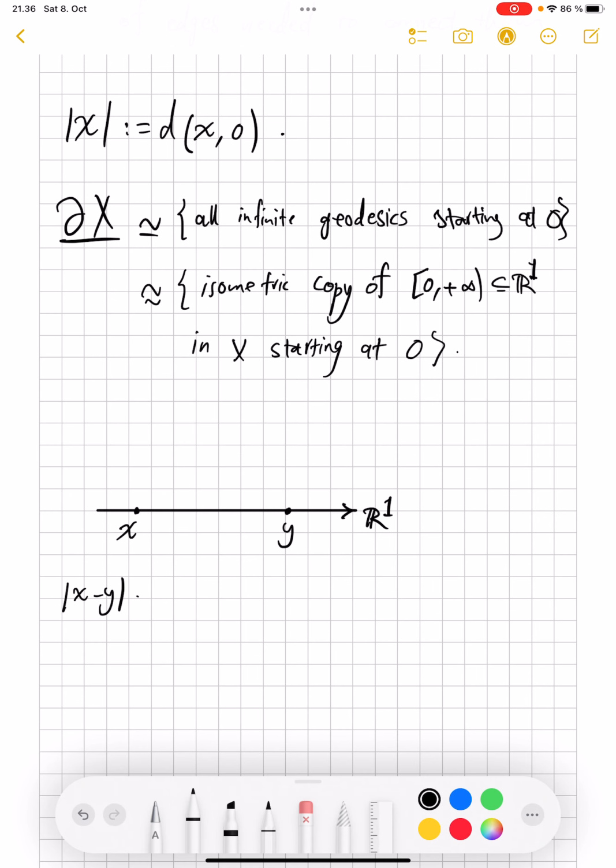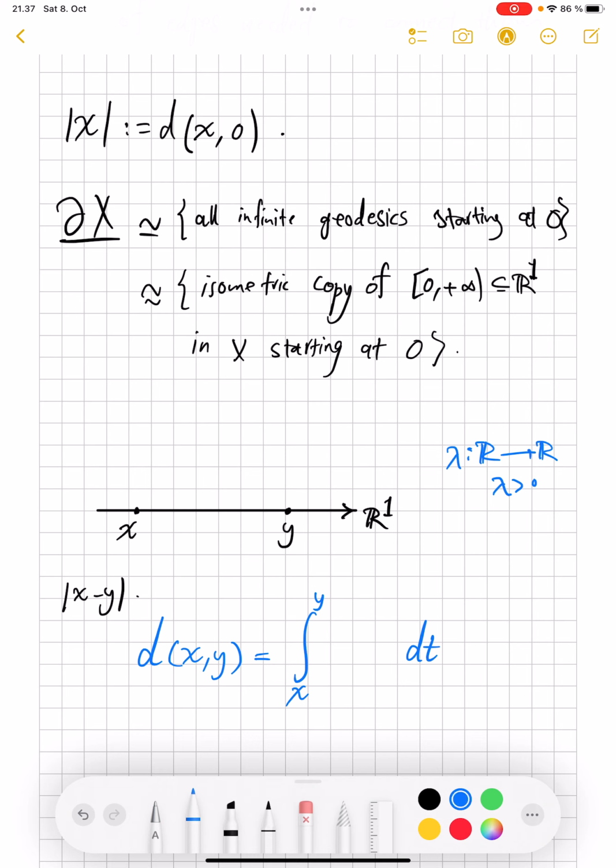But then suppose there is some lambda, which is a non-negative function from R to R, and say it's nice, for example continuous, and you can integrate it and so on. Then you can introduce a new distance between x and y. If you integrate the function 1 from x to y, that would just be the absolute value of x minus y. So this would just be the original distance.